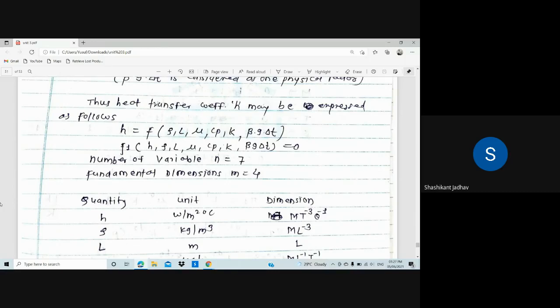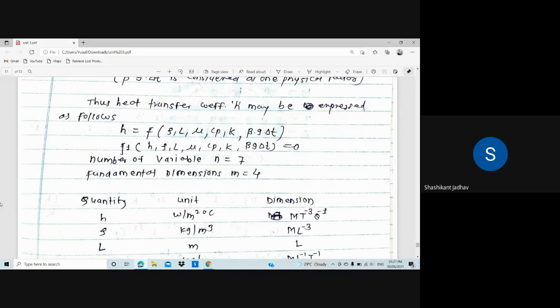As per Buckingham's pi theorem, we have to solve the relation for natural convection. Now write down the heat transfer coefficient h may be expressed as follows.